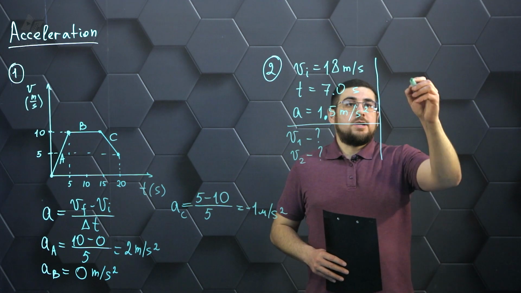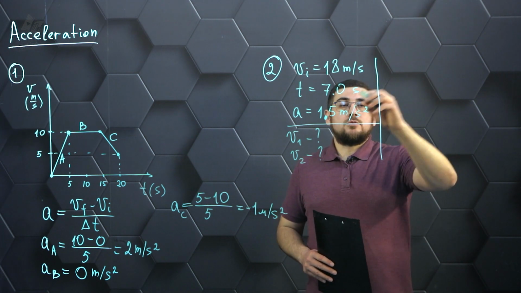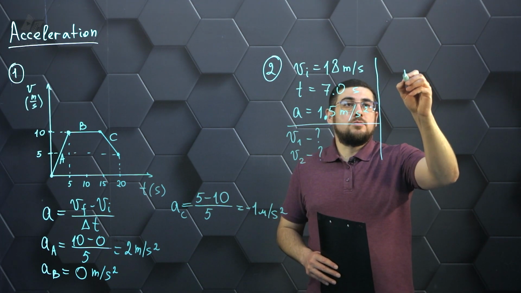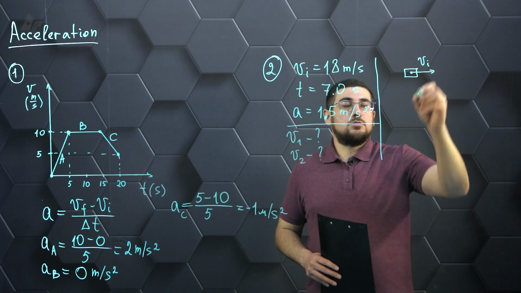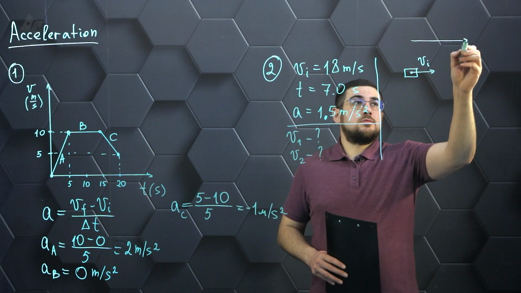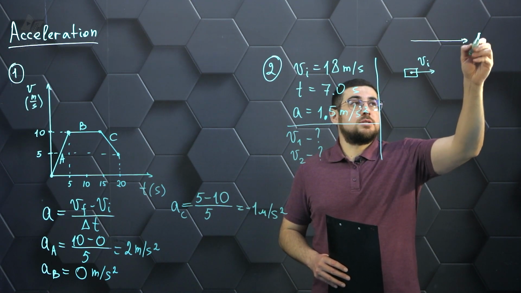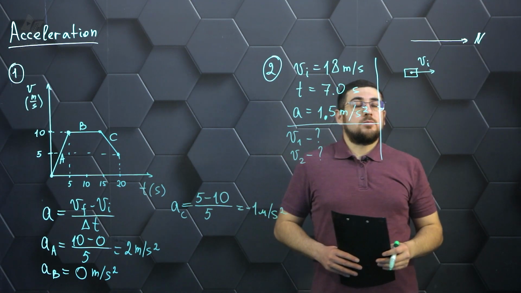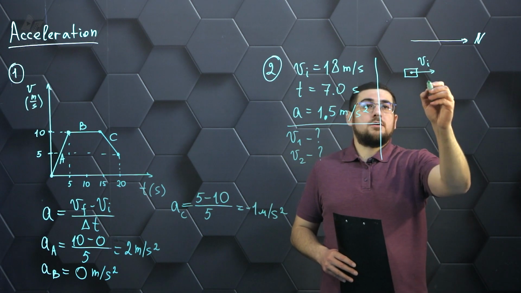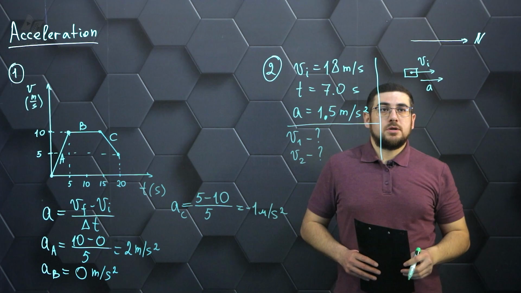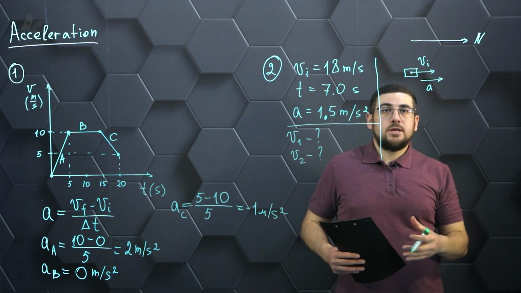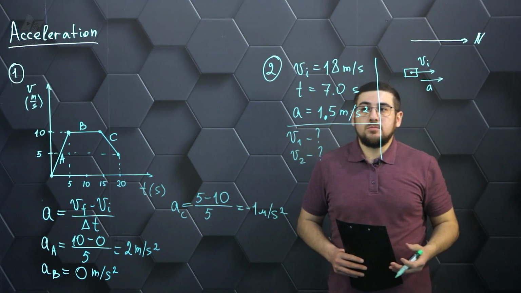In the figure, let's show what the motion would look like for the first case, where the car was traveling at some initial velocity to the north. That is, we can show there that that direction is north and the acceleration is also pointing north. When the direction of acceleration matches the direction of velocity, we refer to this motion as equally accelerated.